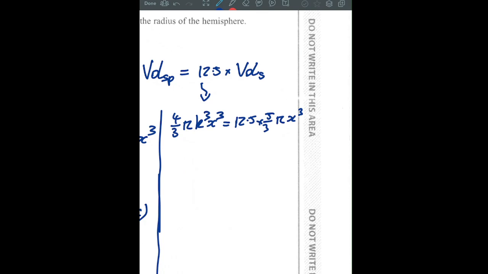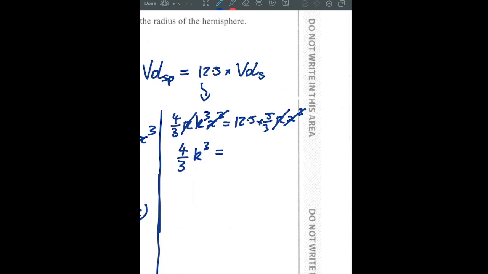The first, there's a pi on both sides. Because there's just a pi on both sides, I can cancel it out. Really, I've divided both sides by pi, but I've just crossed them both out. Same with the x cubed. There's an x cubed on the left and on the right. I can just cross them straight out. And that problem that I thought at the beginning, that we didn't know what x was, doesn't matter. x is gone. So what we're left with is 4/3 k cubed on the left.